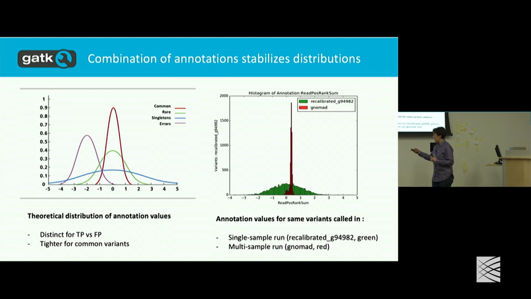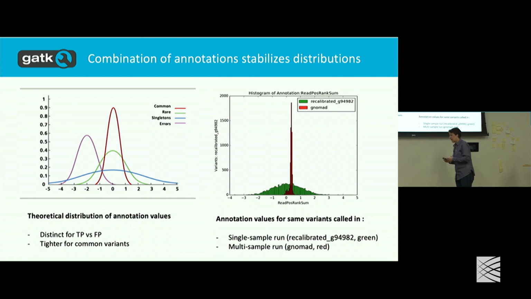If we're looking at this first panel right here, this is just theoretically how we can imagine the annotation value distribution would look for a particular annotation where we expect it to center around 0. If we have rare variants or singletons, you can see that the spread of values is pretty wide.